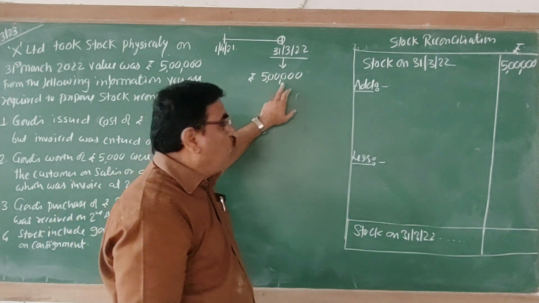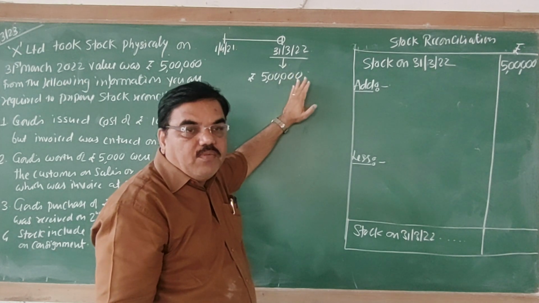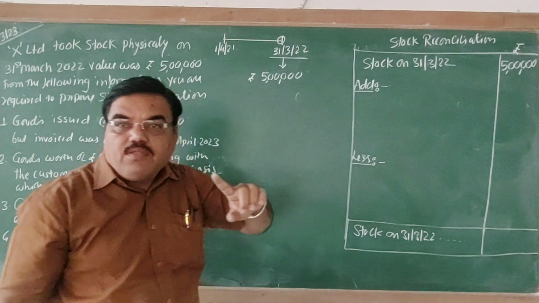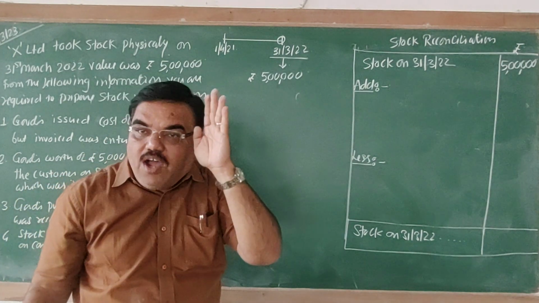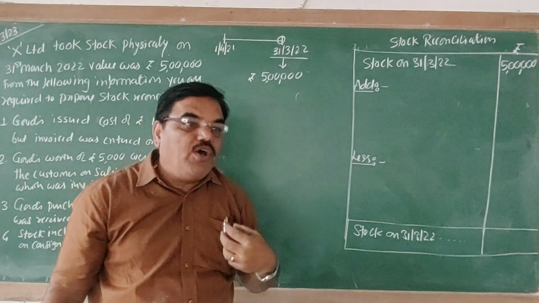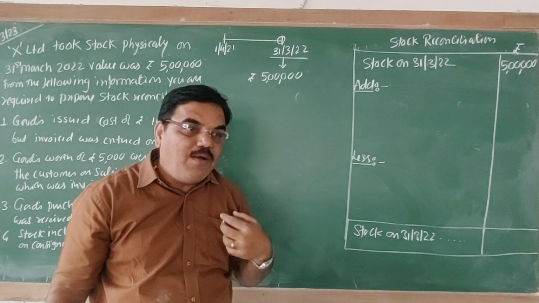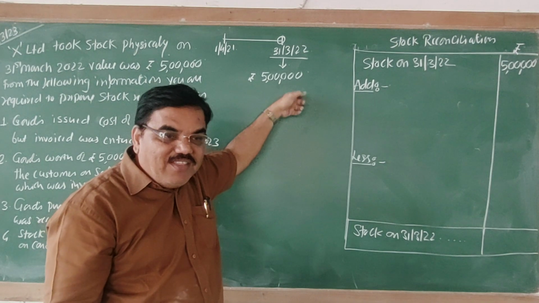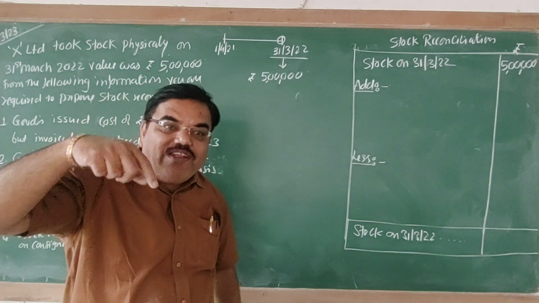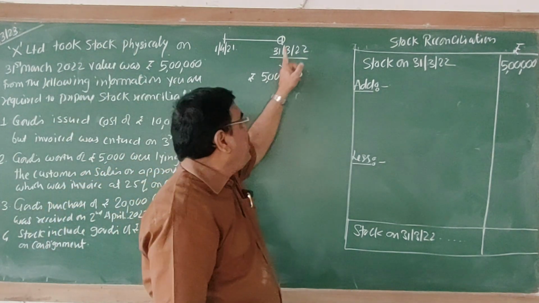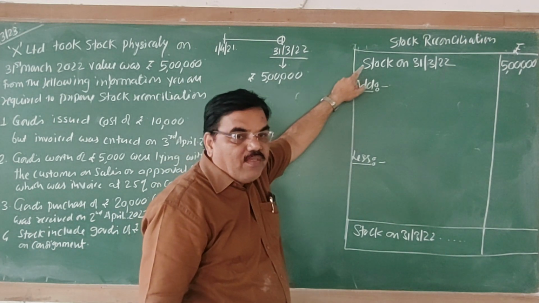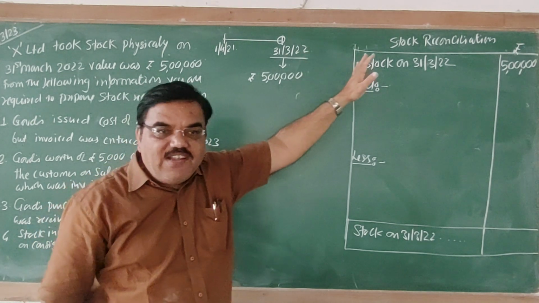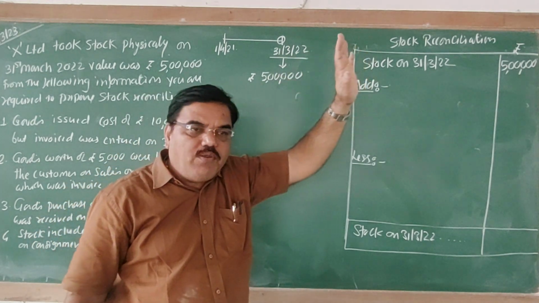So it is a sale of next year, not the current year. The goods have already gone out, but up to 31st March those goods belong to the company. When you calculate the closing stock for 22-23, those goods should not be there. Then the sales gone, it's okay, no problem.